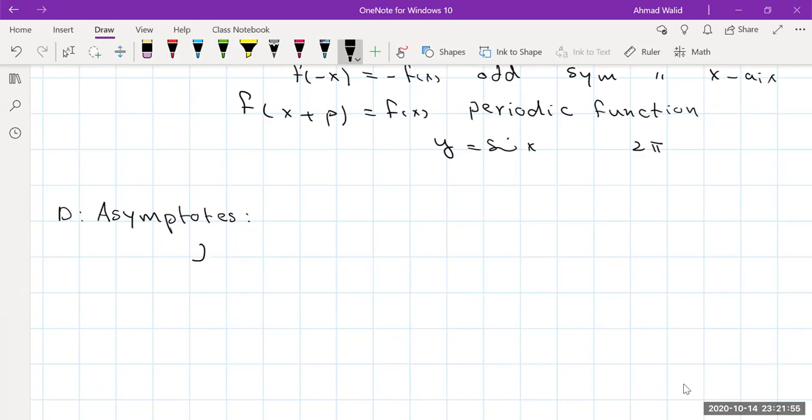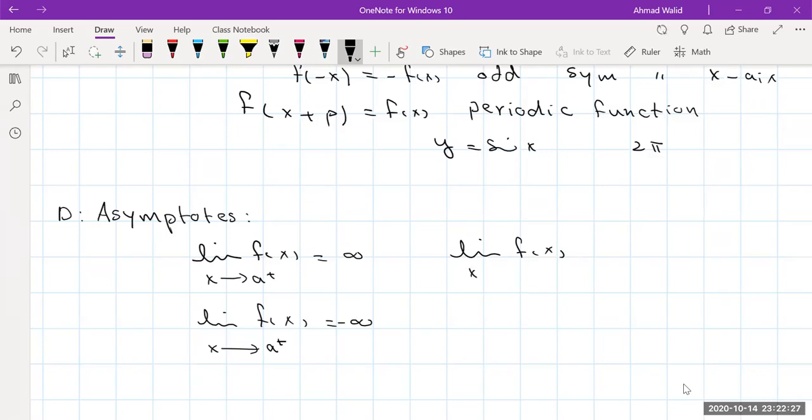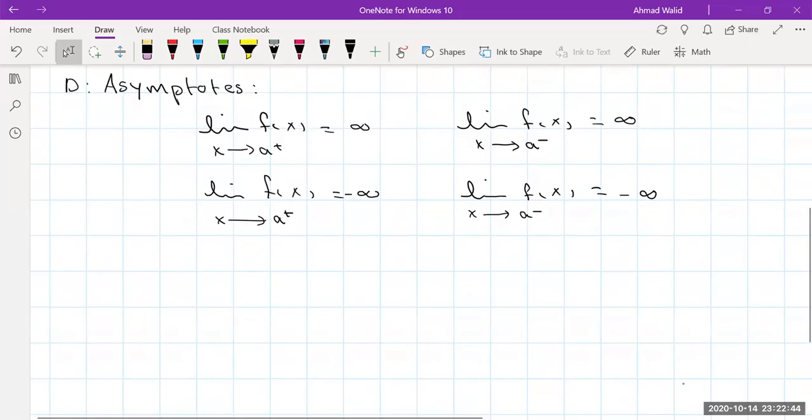Remember these from chapter 1, if you have the limit of f of x as x approaches a from the right, it can become positive infinity or negative infinity, or the limit of f of x as x approaches a from the left can give you positive infinity or negative infinity. These were the evaluations of a vertical asymptote, correct?